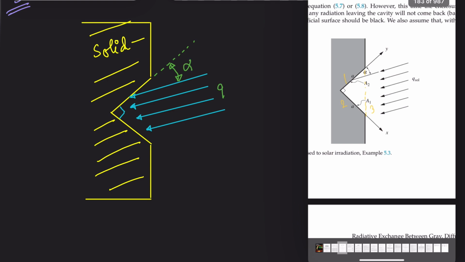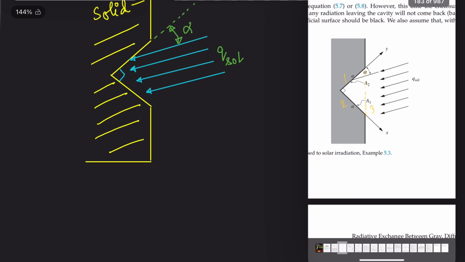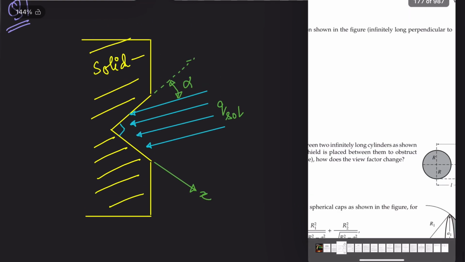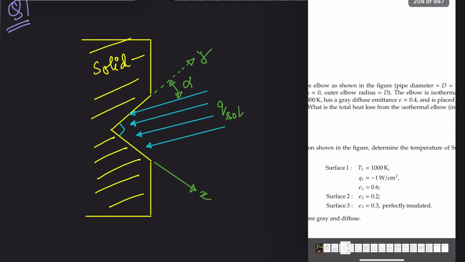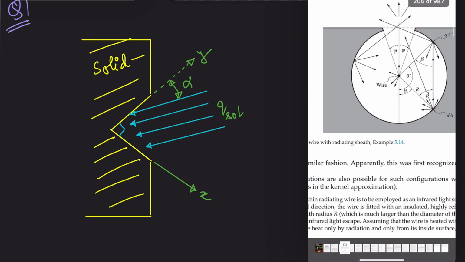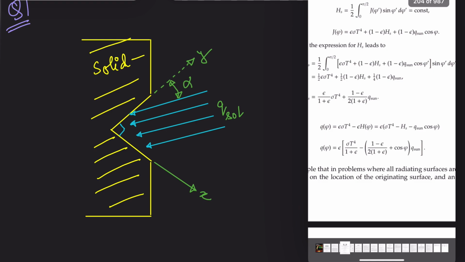Now the value of the heat flux is Q sol, and they have given you a coordinate axis where this is the x coordinate and this is the y coordinate. Clear? Whoops, sorry, I lost the picture. Okay, forget about that. I can remember the question.